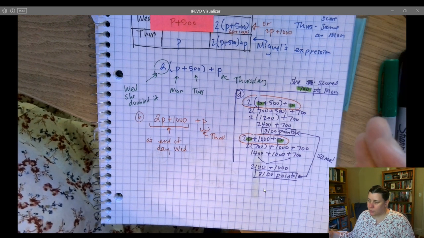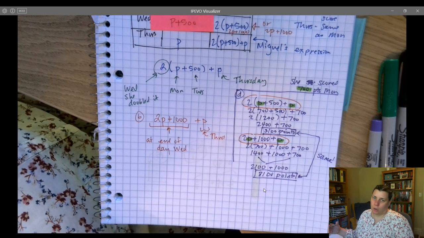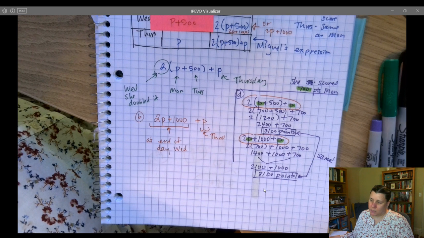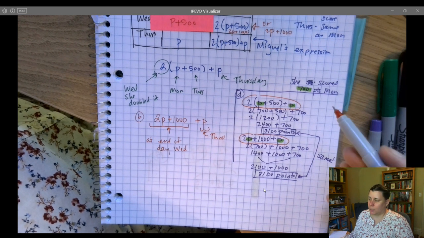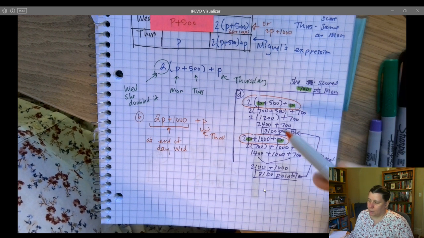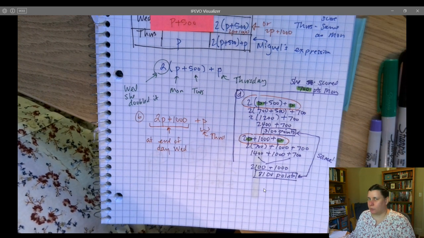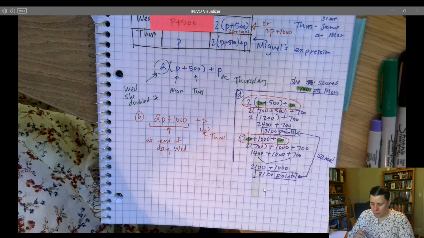Even though they look different, they represent the same thing. So if they represent the same thing, then they should have the same value. And we see that they do have the same value because when we put in 700 for the P, we get the same thing, which is kind of an obvious point. So if you feel like that's obvious, then that's good.